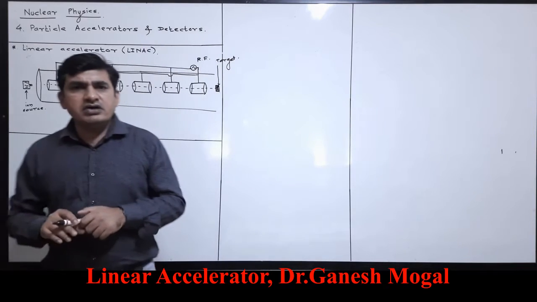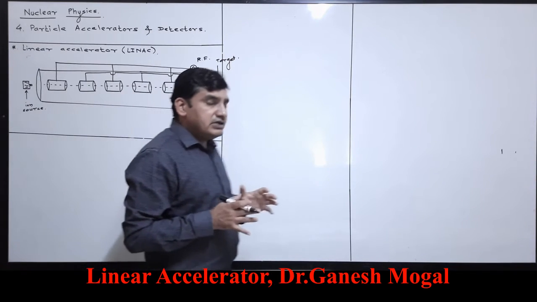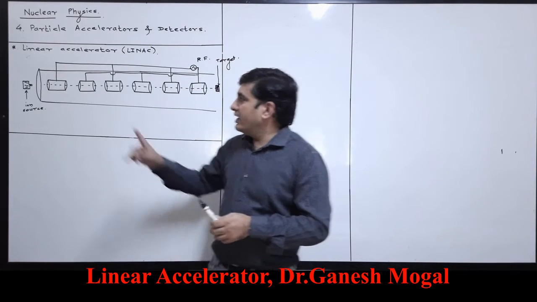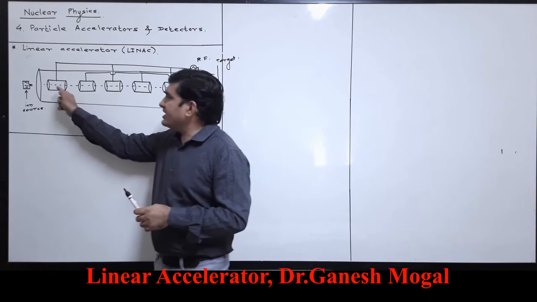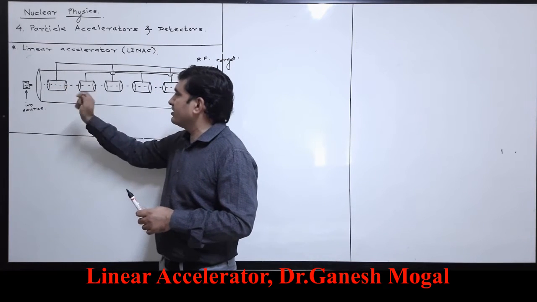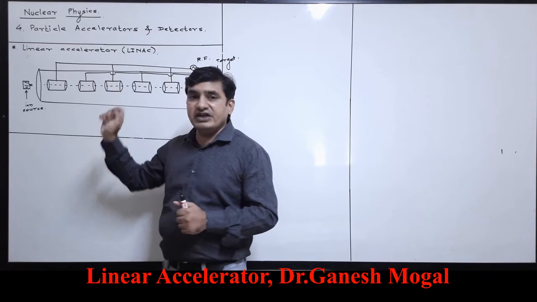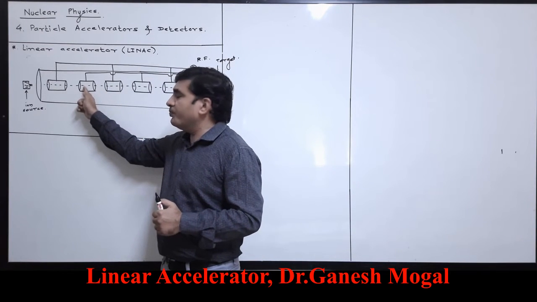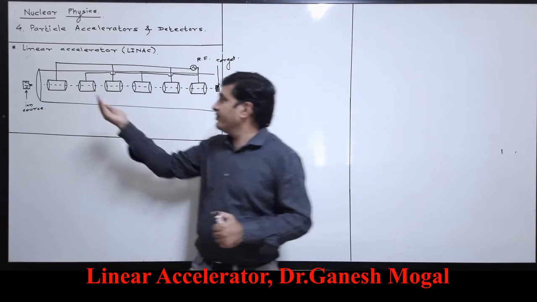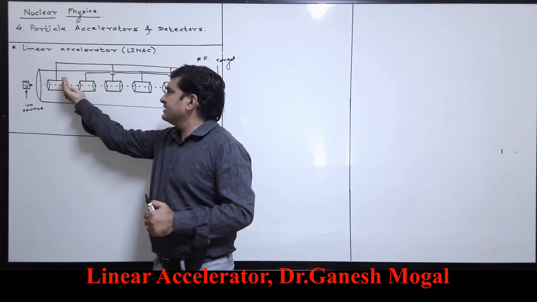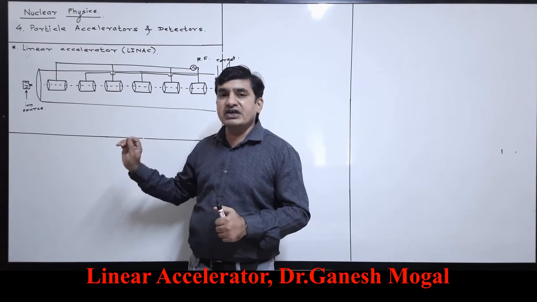Now, due to the alternating potential, if we consider the first cylinder is at a positive potential and the second cylinder is at a negative potential, when the positive charged particle goes through the first cylinder, due to the negative potential across the second cylinder, this charged particle gets accelerated and goes inside the second cylinder.